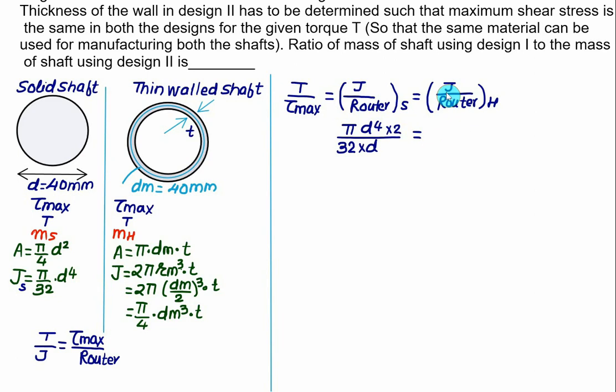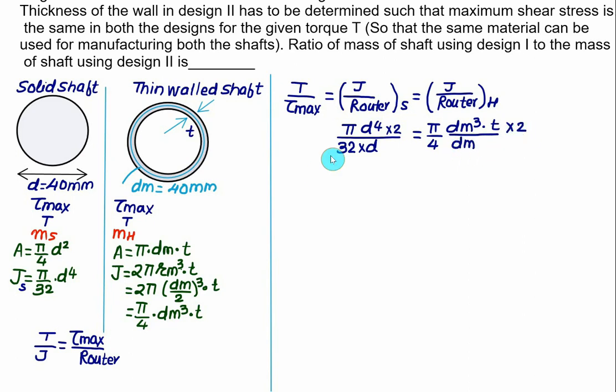For the thin wall, J is given as pi by 4 into dm cube multiplied by thickness t, and we have R outer as dm by 2, so 2 will shift to the numerator.